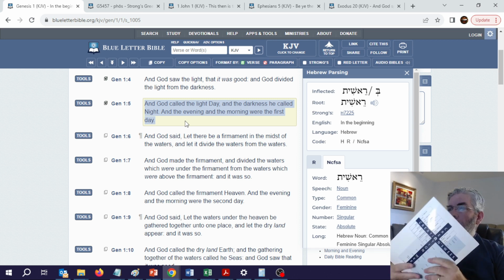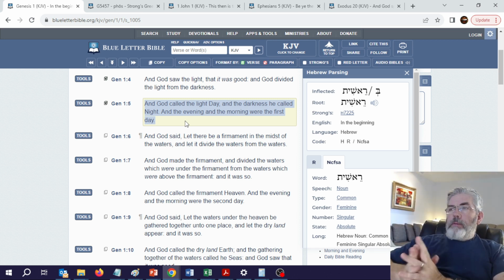It gives us a clue and a hint of that, as we see the light be the label for day or daytime, and we have the night as a label for dark or the nighttime, and then we see a process where there is the evening, Erev, and Boker, the morning. We have a process of darkness transitioning into day and day transitioning into darkness.